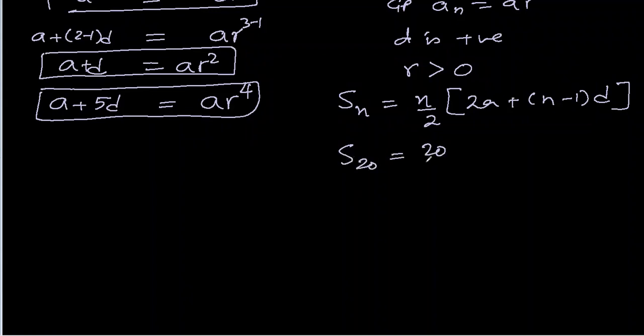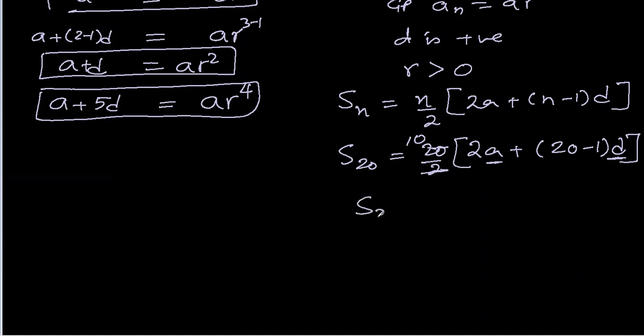So 20 over 2, 2a plus (20 minus 1) d in terms of a, and this cancels out. So we already have a here. That means d is the only one which needs to be replaced, and we have to do the whole activity just to find d in terms of a. Let's simplify this one first. 10, 2a plus 19d, and when we find d, we will continue here.